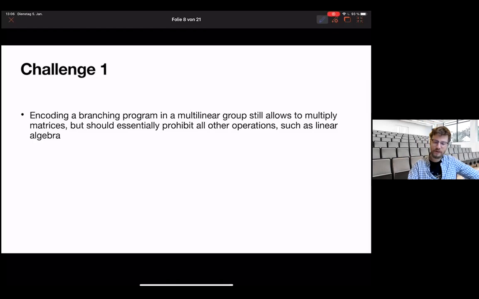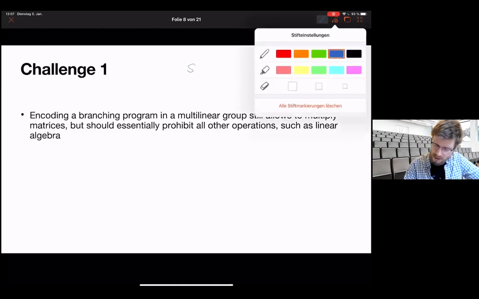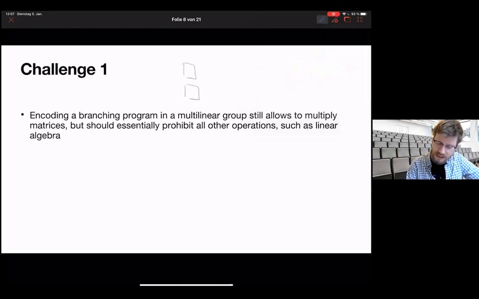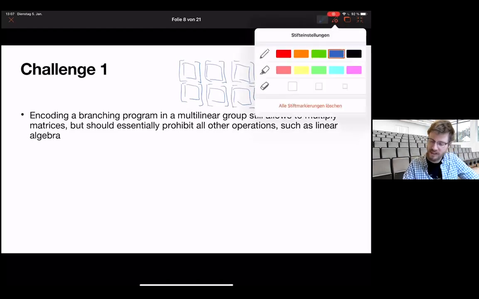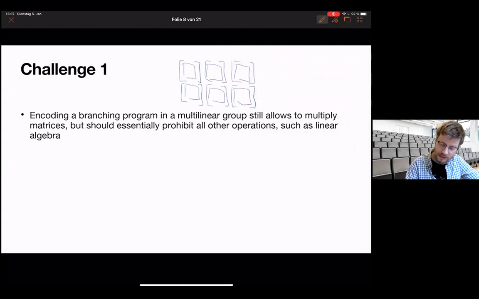If you give me these matrices here, and I encode them in my multilinear group with a suitable level structure, I will still be able to multiply these matrices due to the multilinear structure.